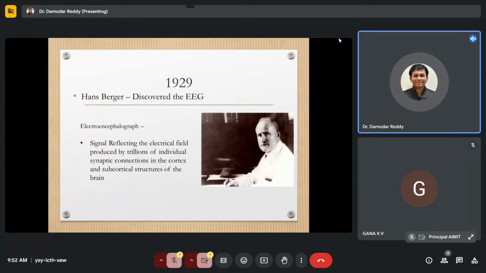When it comes to dealing with EEG, EEG is not a very new concept. It was observed almost a century ago, so why are people focusing on it now? It was identified as an electrical field raised by a large number of neurons, their communication, and the synaptic connections and structures.